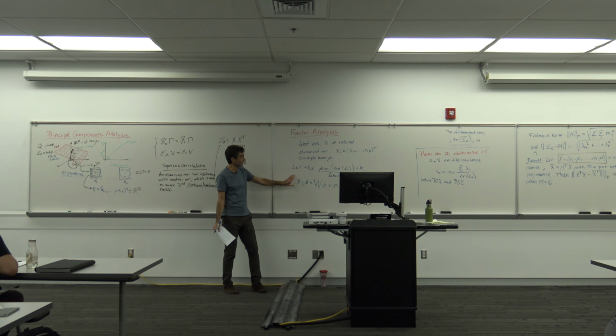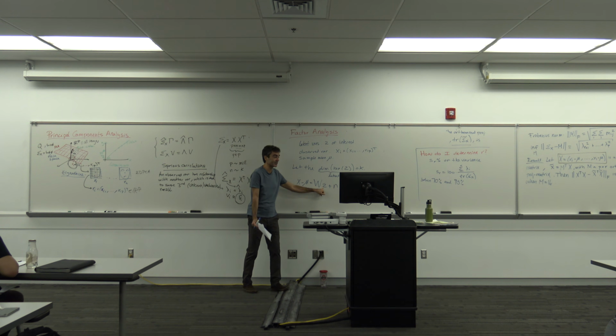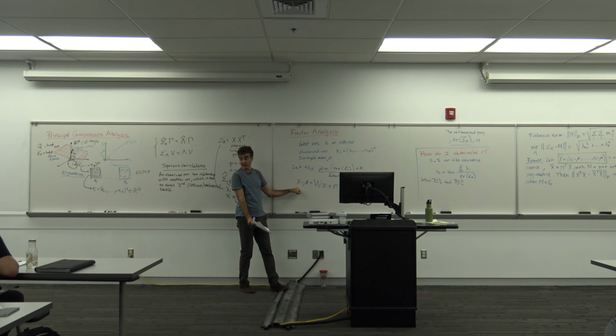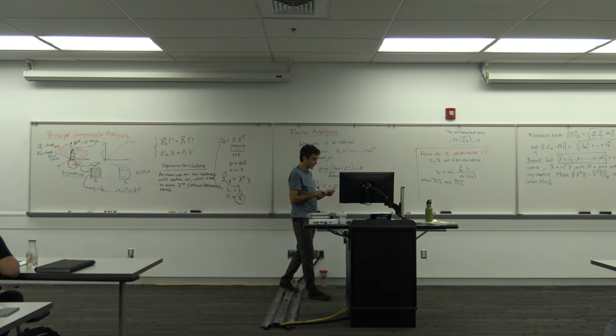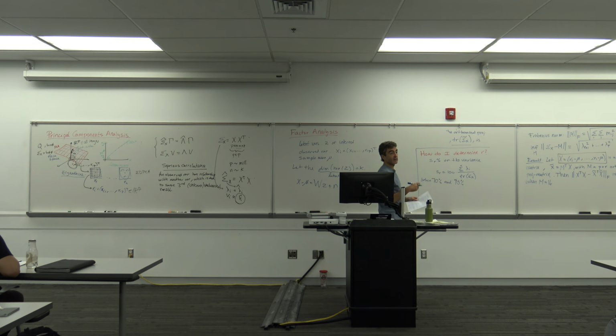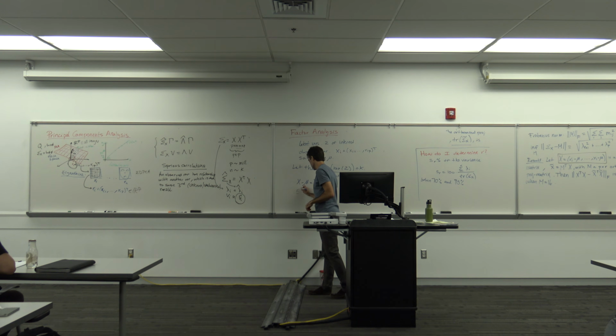The simple linear model, which means our latent variables are mixed together, linearly combined, to generate our observations plus some random noise, right? So N, our noise, is assumed to be uncorrelated with our data and to have mean 0.